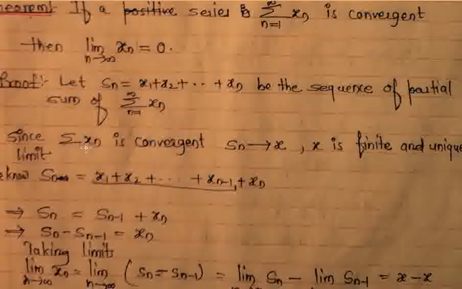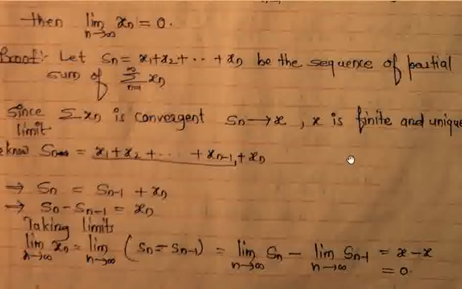Since the series of x_n is convergent, S_n tends to x, where x is finite and unique. S_n is x1 plus x2 plus up to x_(n-1) plus x_n, so S_n minus S_(n-1) is x_n.